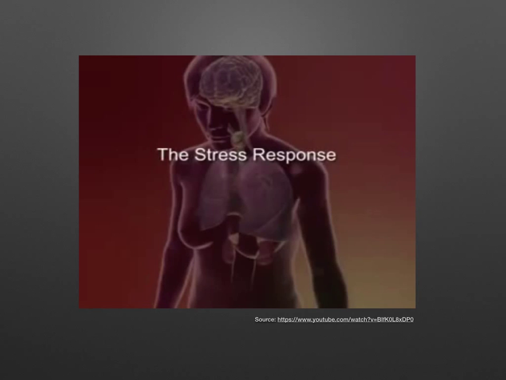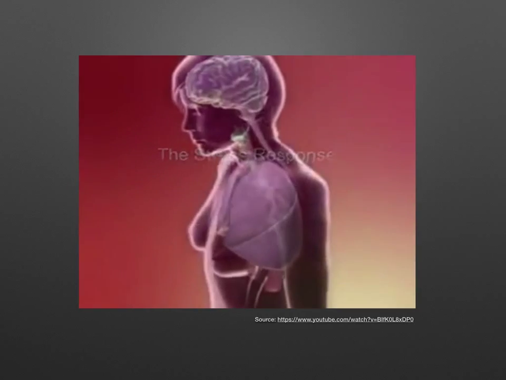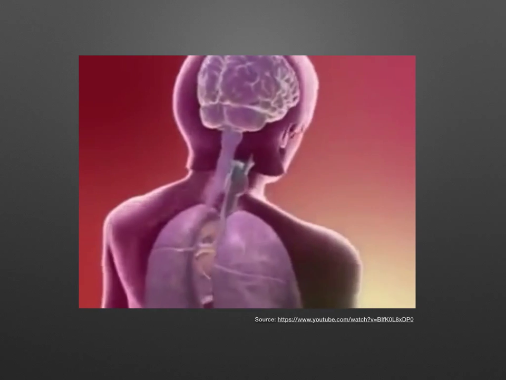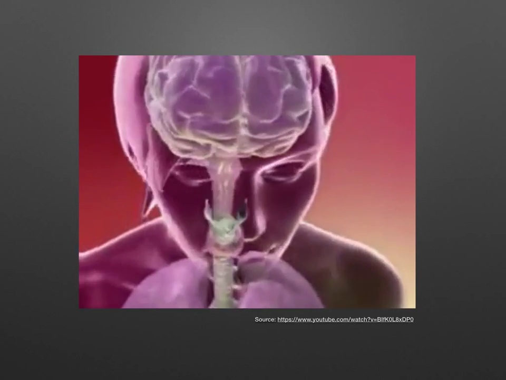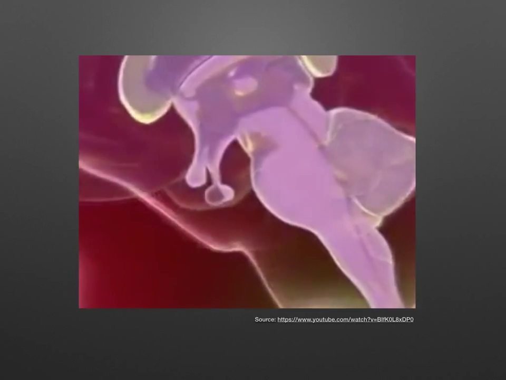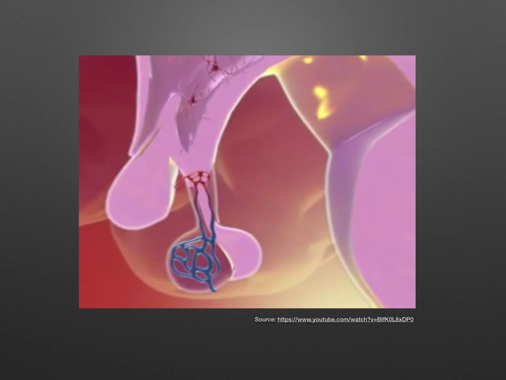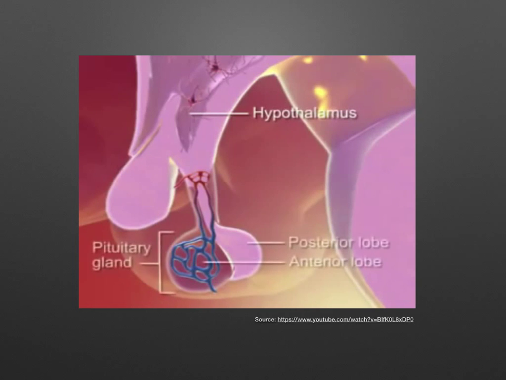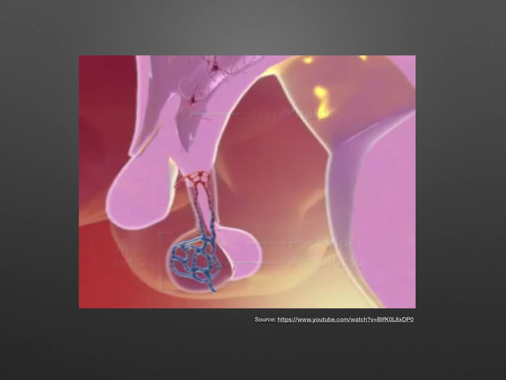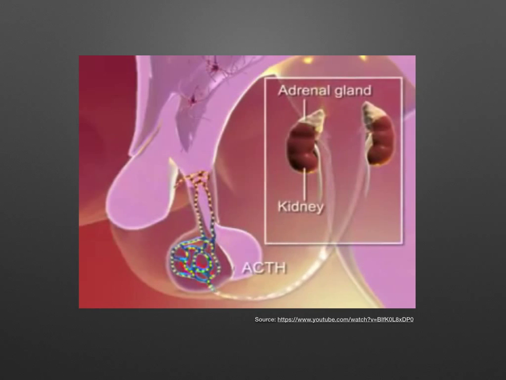The stress response. In stressful situations, the body switches on its autonomic nervous system and neurobiological processes in an attempt to maintain homeostasis. The body is prepared for its reaction to stress. In the brain, the hypothalamus is connected to the pituitary gland. The hypothalamus, stimulated by the sympathetic nervous system, releases the hormone corticotrophin-releasing factor, CRF. The CRF activates the pituitary gland to release the adrenocorticotropic hormone, ACTH.